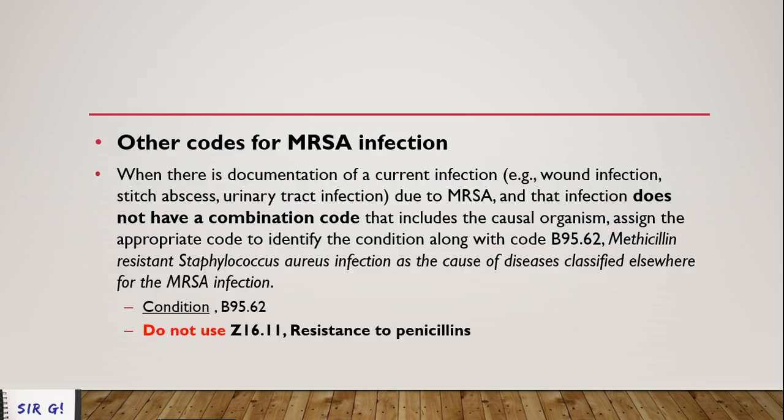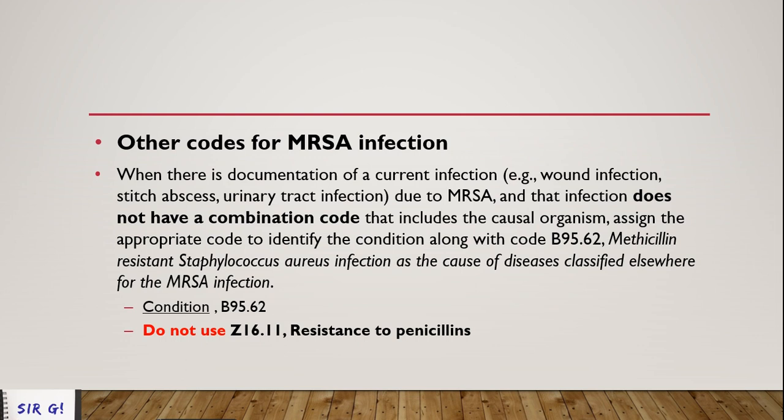Okay? Other codes for MRSA infections, however, there are cases where there's no combination code. In those cases, you need to code them separately. Like you have your condition followed by due to MRSA, but for that condition we don't have any combination code, so you need to code them separately.